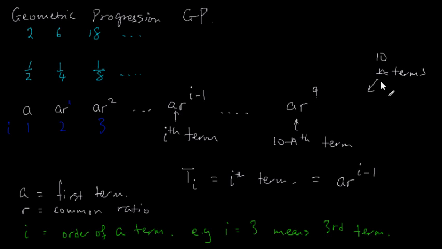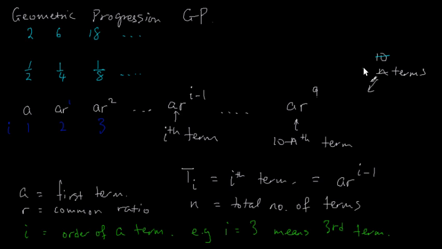It doesn't have to be 10 terms, it can be 20 terms or 100 terms. I'm going to represent the number of terms by n. So n is equal to the total number of terms in the sequence.